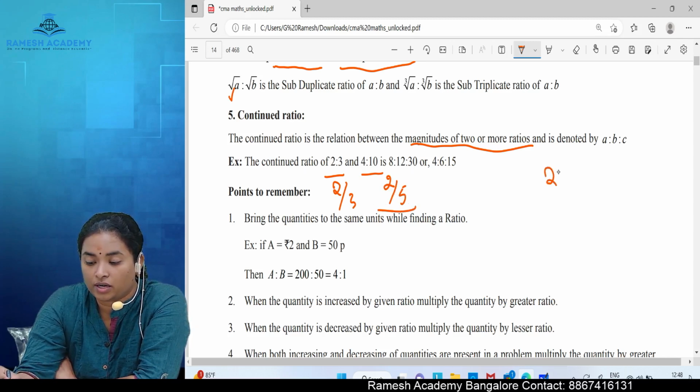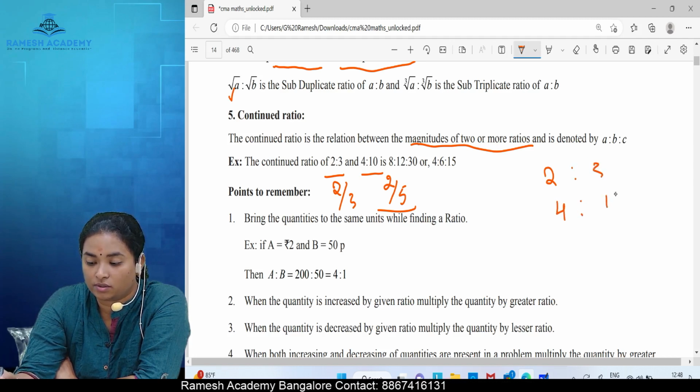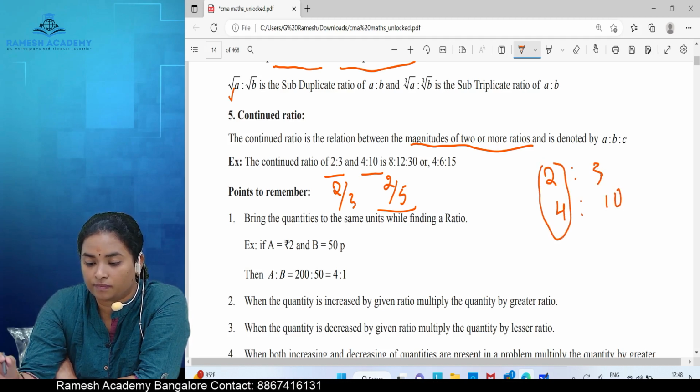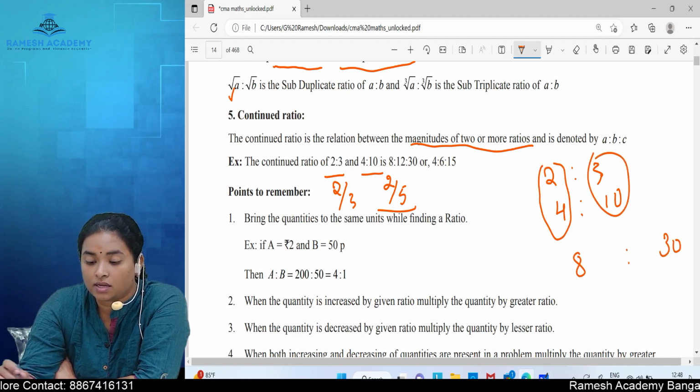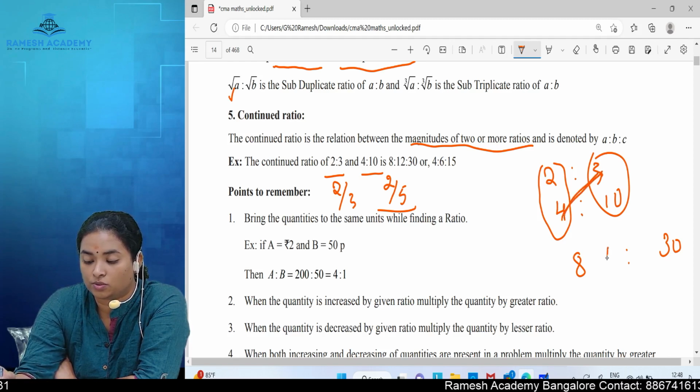To get the continued ratio, you write it like this. 4 is to 10 you have, so simply multiply: 8 is to 30. Am I right? But this one will become the multiplication of these 2, that is 12. So the answer is 8 is to 12 is to 30.